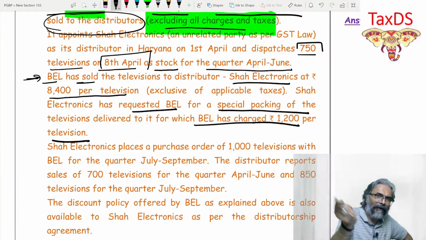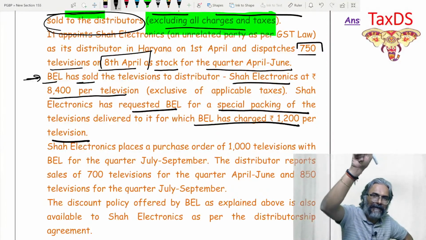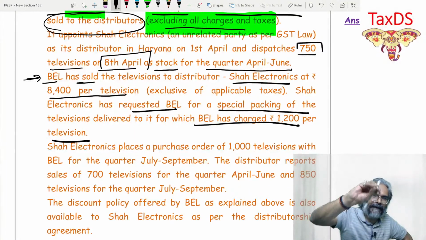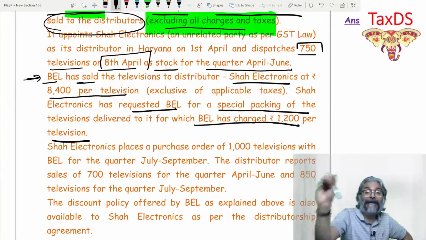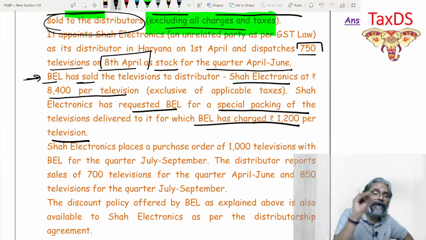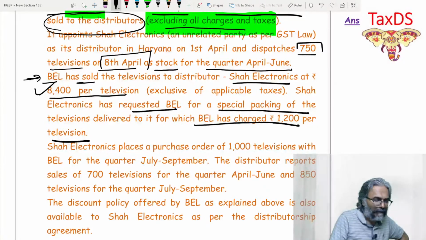Tell me, now on this 1,200, will the discount be considered, or will it be considered on 8,400, or will the discount be considered on 9,600? On what value will the discount be considered? It is 8,400, students. That is exactly the point.